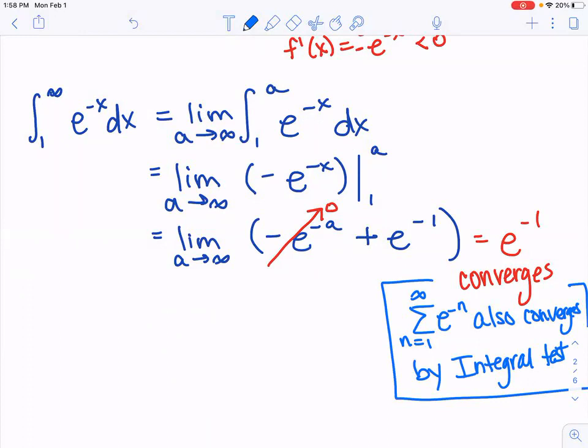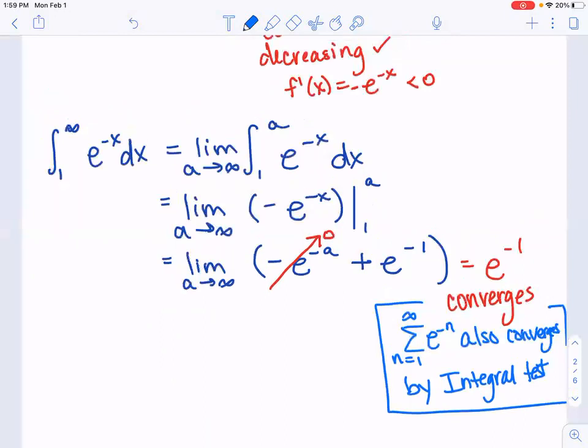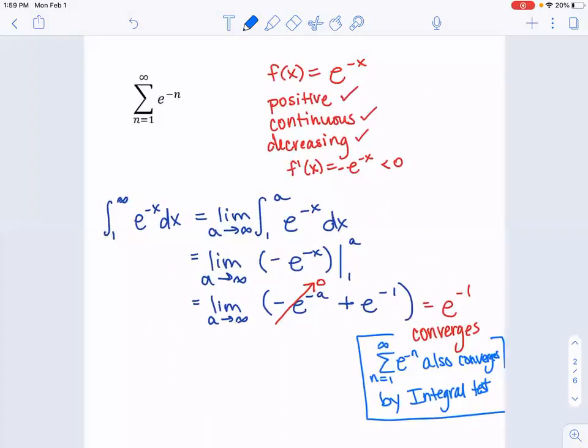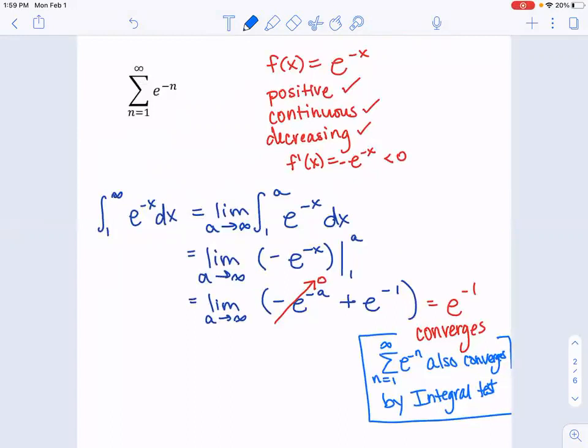When we have an improper integral, we can't evaluate an integral with infinity, so we rewrite it as a limit where we replace infinity with a letter. Other questions? Do you see what I mean that the integral test takes effort? That will continue to be the case. So I would encourage you, if you don't have to use the integral test, I wouldn't. Did we have to in this case?